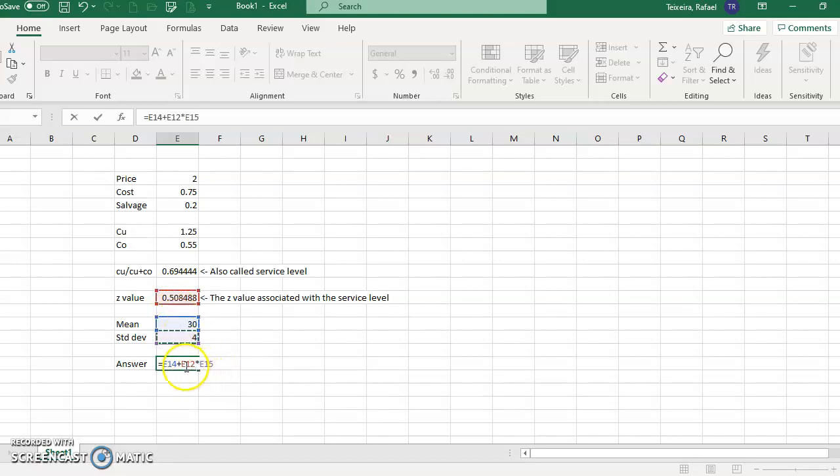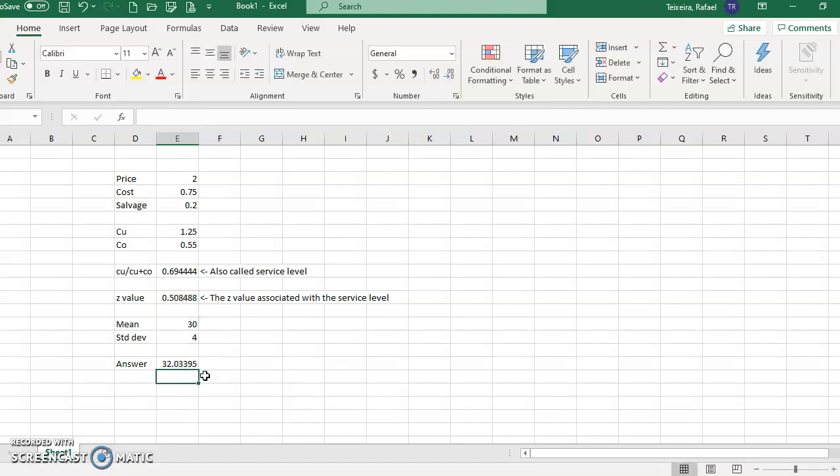So this multiplication is telling us that every time I have some deviation above the mean, I'm going to attend 70% of this deviation. Okay, so this is what I'm designing my service for.